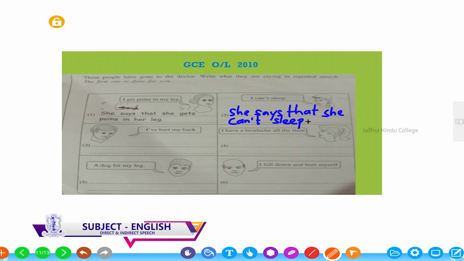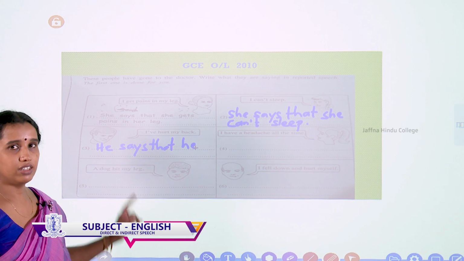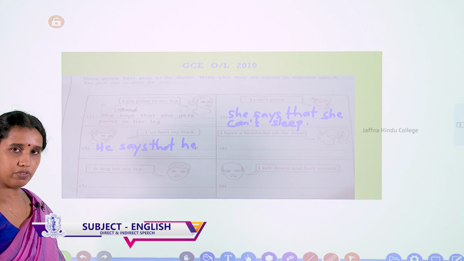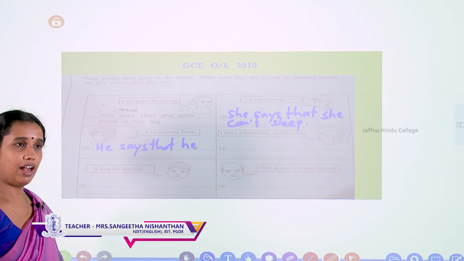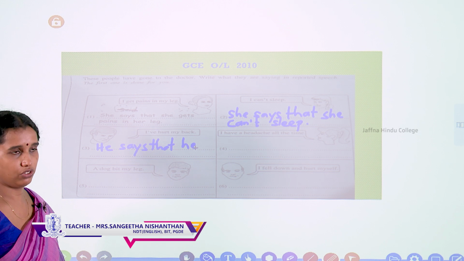The third one, he says that, this I denotes him, so he, there it is I have heard, it is in present perfect tense. The subject is I, so they put have heard.